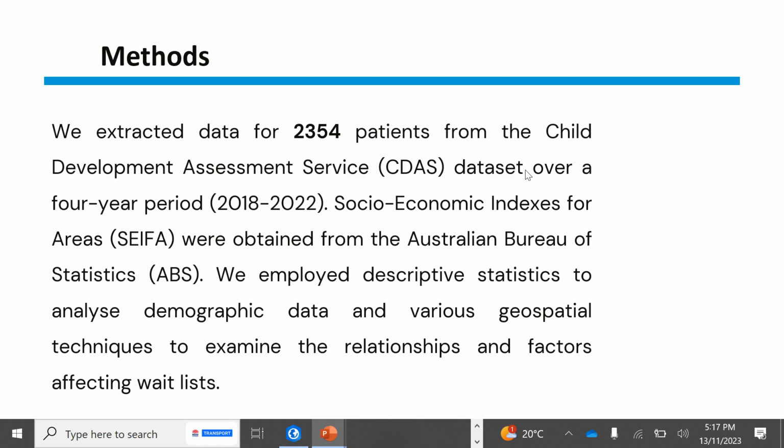We employed descriptive statistics to analyze demographic data and various geospatial techniques to examine the relationship and factors affecting waiting list. I was mostly leading the geospatial techniques and analysis so far. As it's an early stage of the study, I'm only going to present some early findings, and we'll be keen to report something more mature and substantial next year as we progress with this study over time.